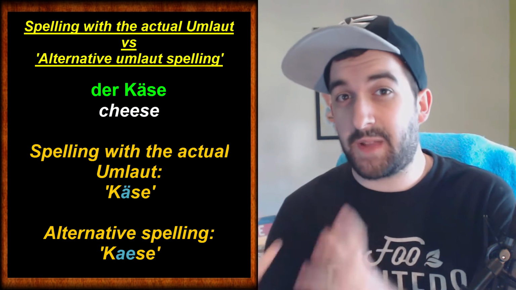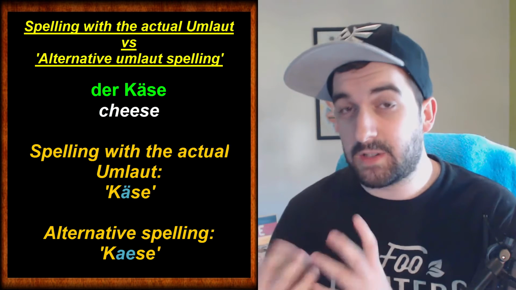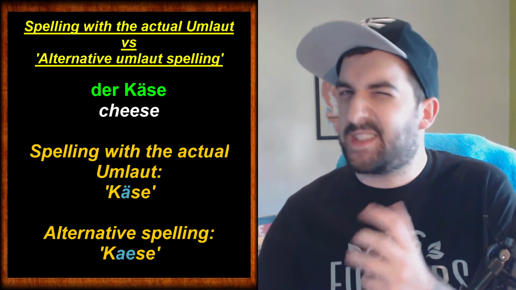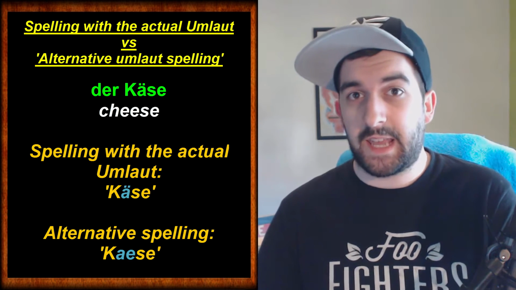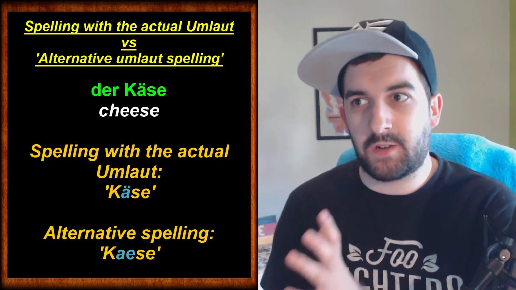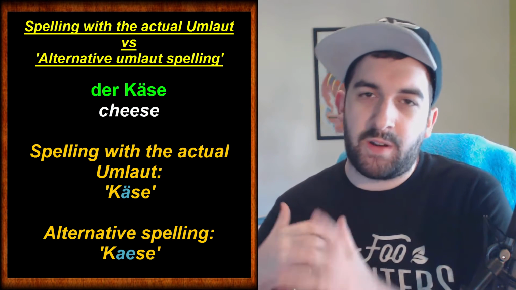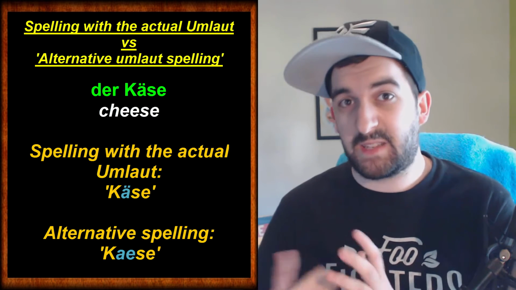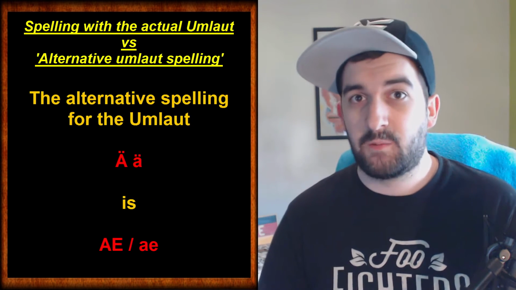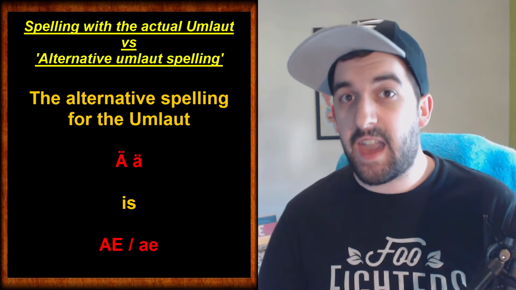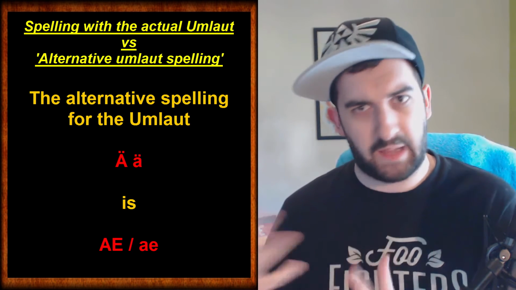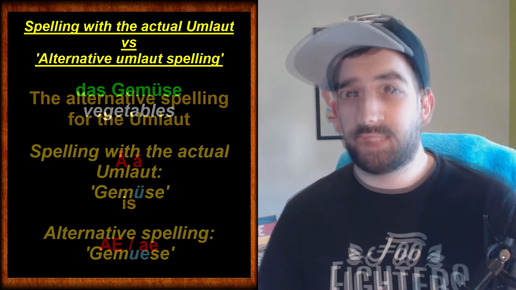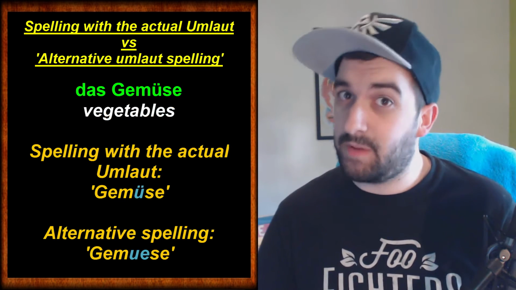So instead of spelling it with the actual umlaut, which would be the standard version to spell it, I'd say, you could also say, I don't want to use the umlaut, but instead I want to spell it with A-E, which is the same as Ä, the umlaut. So it's an alternative spelling version, yeah. The same is possible for the other 2 Umlaute.